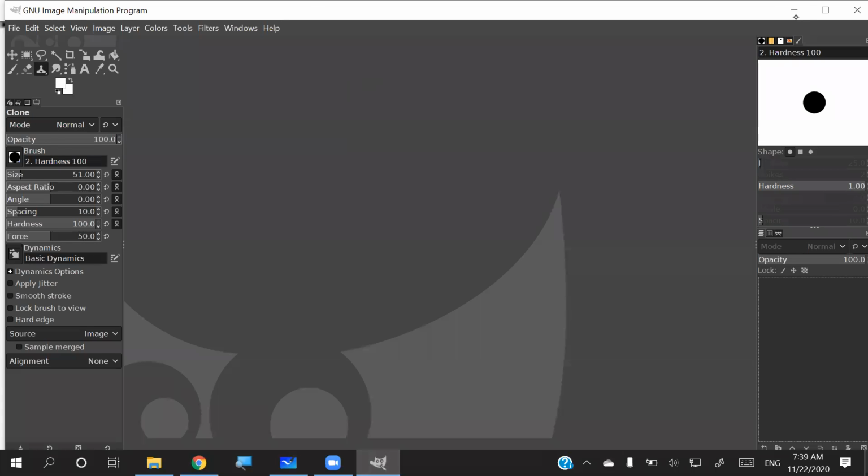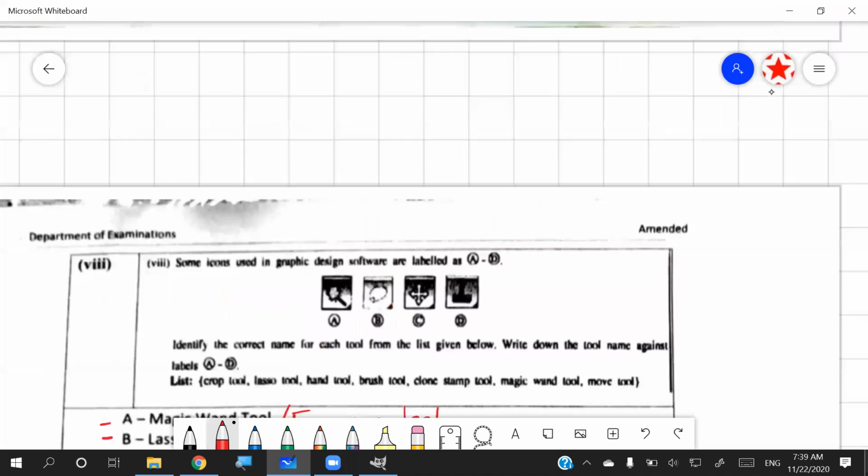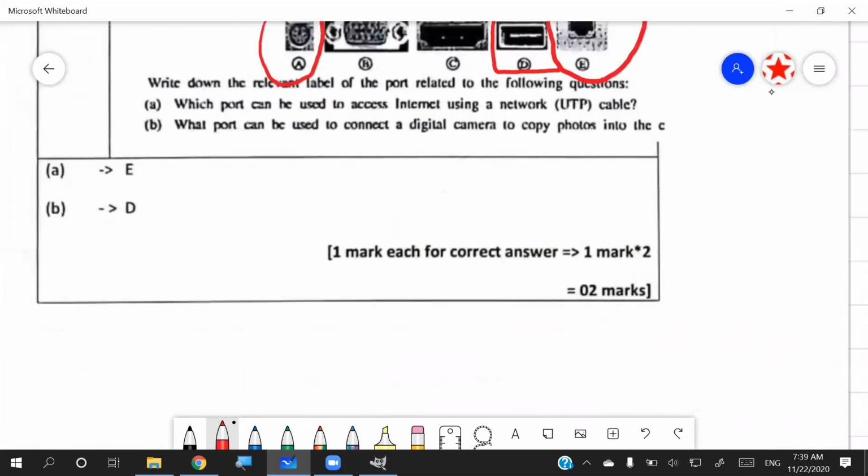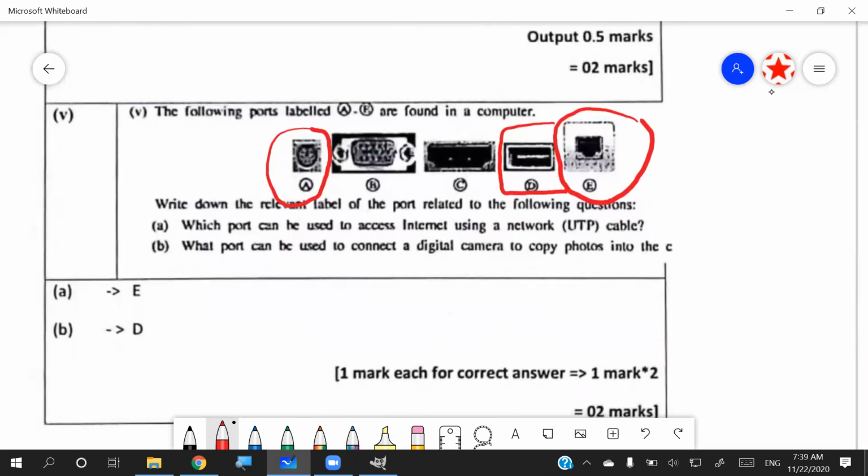Okay. The fifth question, like Lalindi is asking for the fifth question. Let me see. Yeah, this is the fifth one. So the E is representing the RJ45, which is where we connect a network cable with the RJ45 connector.